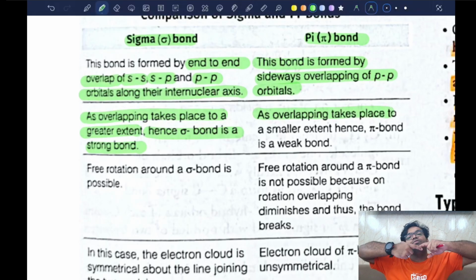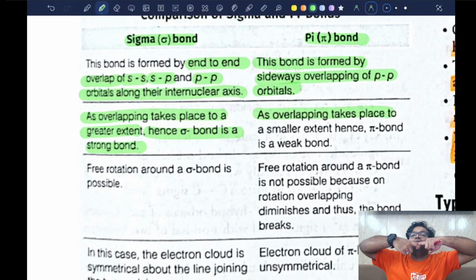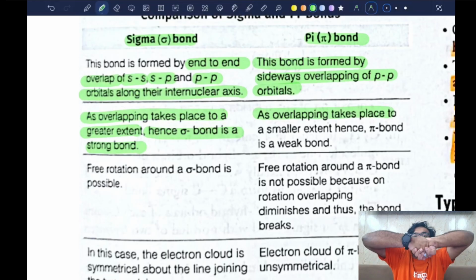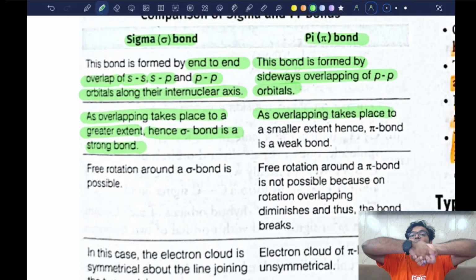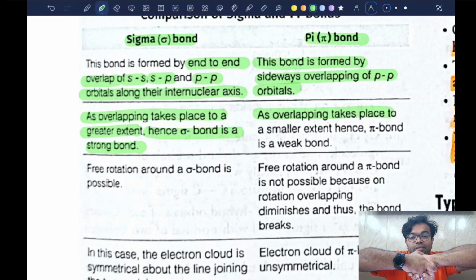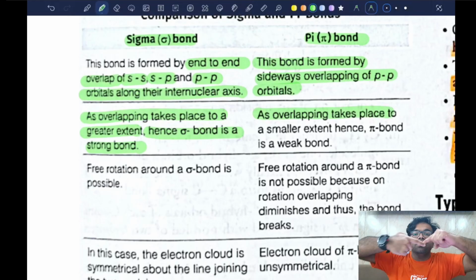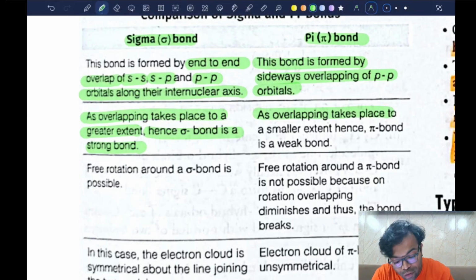Basically, if you are holding each other between two fingers, this bond is weak, but if you're holding them with both fists, then the bond is very, very strong. Why? Because there is a larger overlap in this arrangement as compared to this arrangement. Understood? So the overlap takes place to a smaller extent, hence the pi bond is a weaker bond.